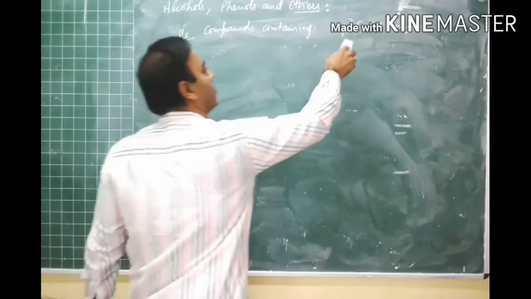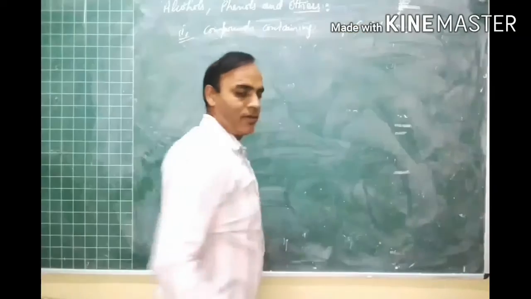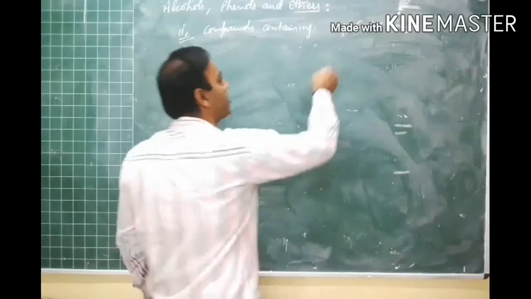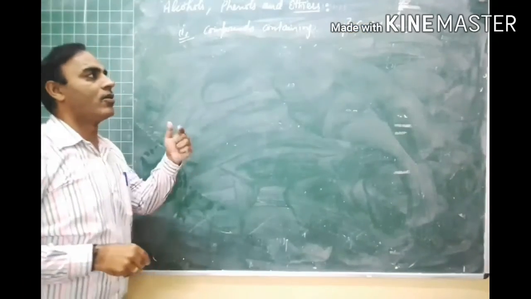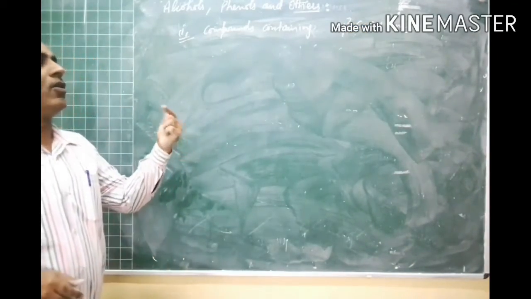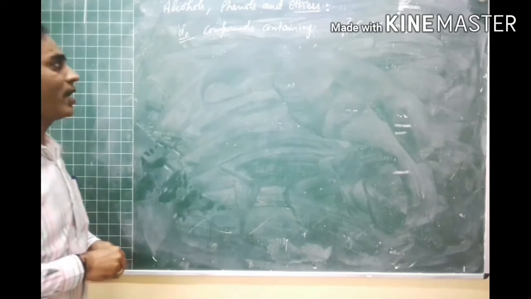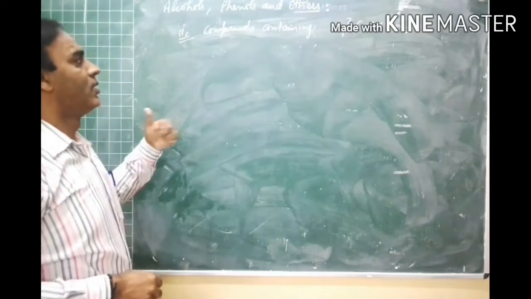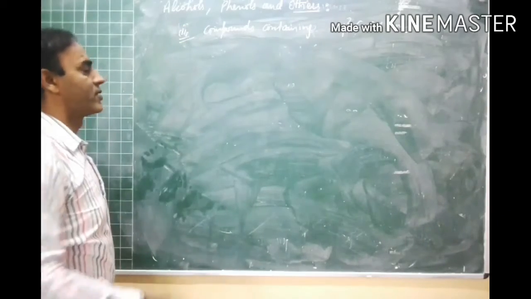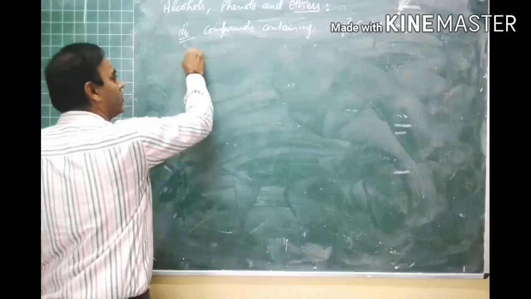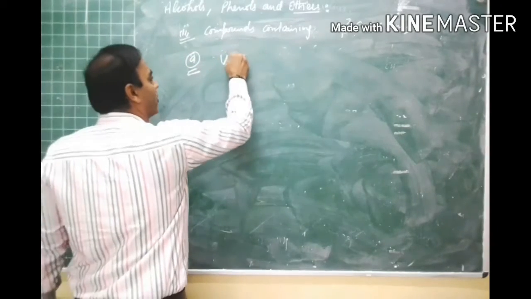So here I will write sp2 hybridized now. That is compounds or alcohols containing sp2 hybridized carbon oxygen, or you can say sp2 hybridized carbon OH bond. Right. So in this type of classification, there are two subtypes. First is vinyl alcohol.